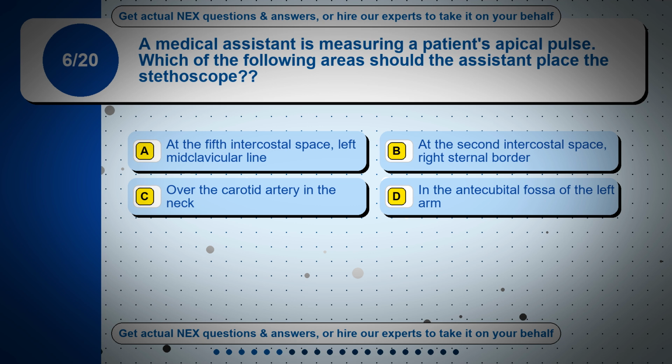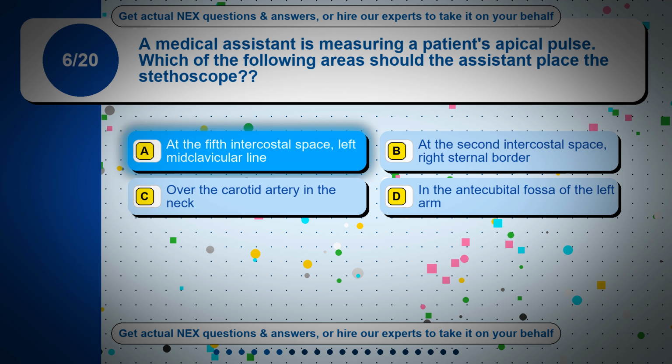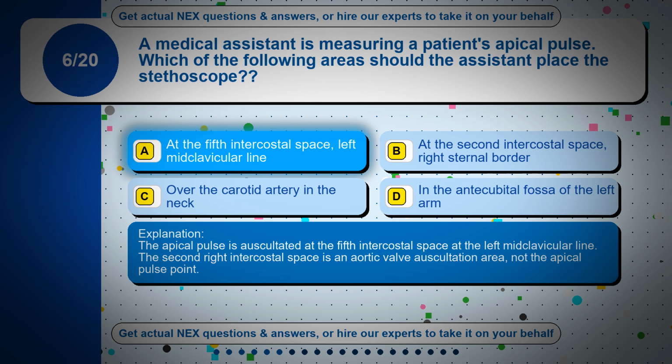Option D. In the antecubital fossa of the left arm. The correct answer is option A. At the 5th intercostal space, left midclavicular line. The apical pulse is auscultated at the 5th intercostal space at the left midclavicular line. The 2nd right intercostal space is an aortic valve auscultation area, not the apical pulse point.